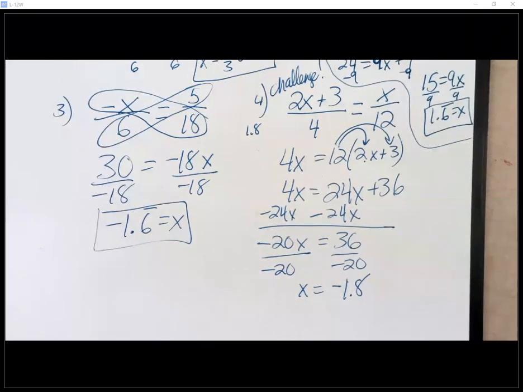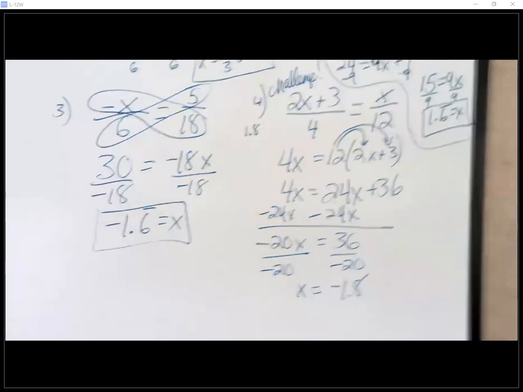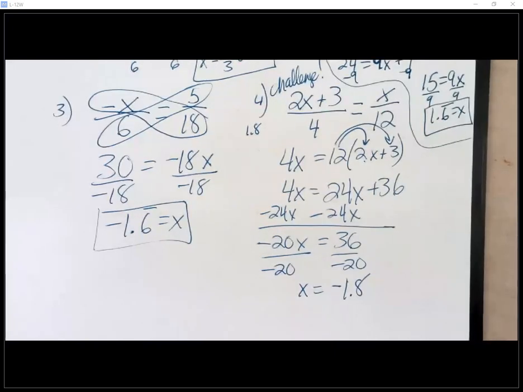So let me give you this. We'll talk about conversions in a little bit. So could you guys please try 1 through 17 odds?